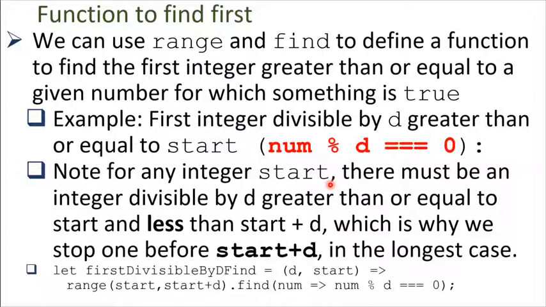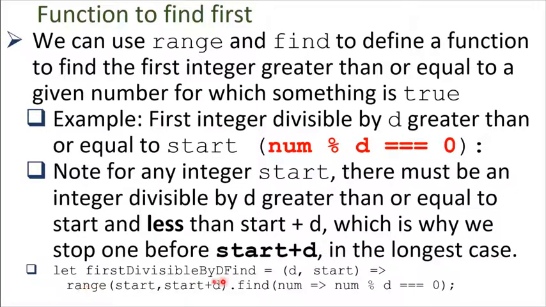For any positive integer d, there's going to be an integer between start and start plus d where num will be divisible by d, including start, excluding start plus d.